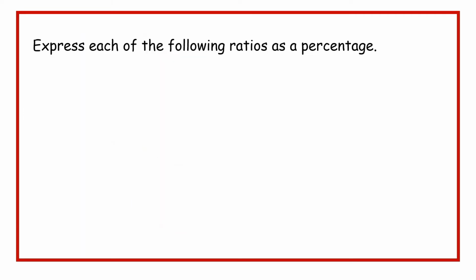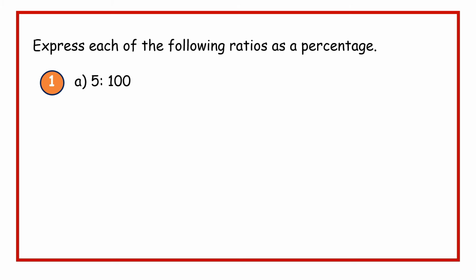Now, let us see how we can express ratios as a percentage. Look at the first example. We have 5 to 100. And already we have seen that if I have a percent, it means that the ratio or the fraction that I've got is out of 100.